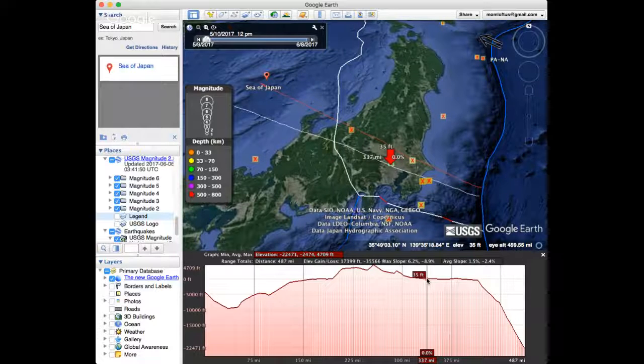At first we were thinking that it was deeper the closer we got to the trench, and then as we got to the Sea of Japan, it was more shallow. But that one is right in the middle of Japan, and it's within the 70 to 150 range, which is deeper than the one closer in the ocean.